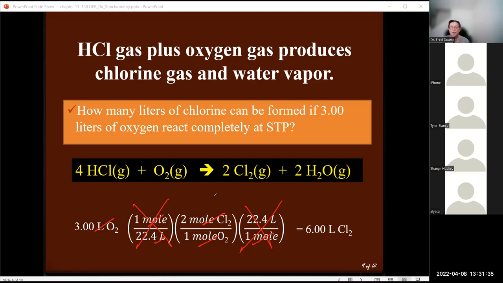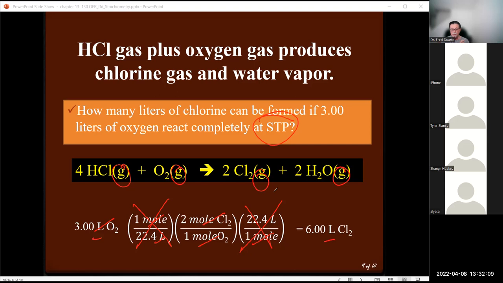And this is only true when everybody in the calculation is in gas form, plus you're at STP. When you're at STP and you have to go from liters to liters, you can see the 22.4 liters cancels out on both sides of the calculation.